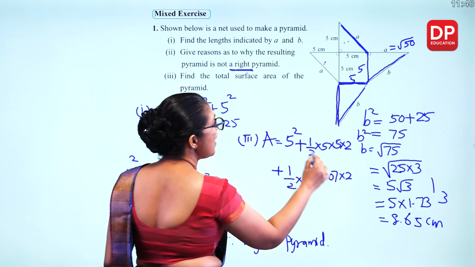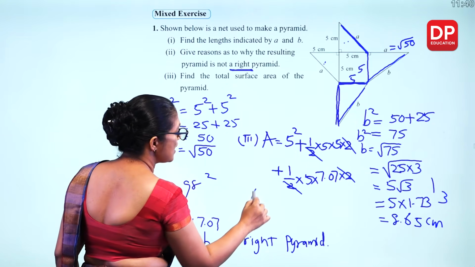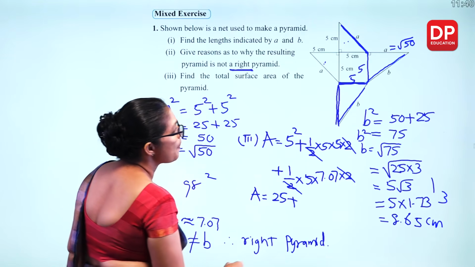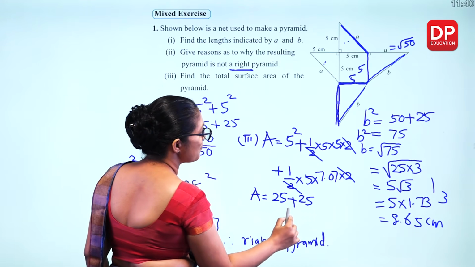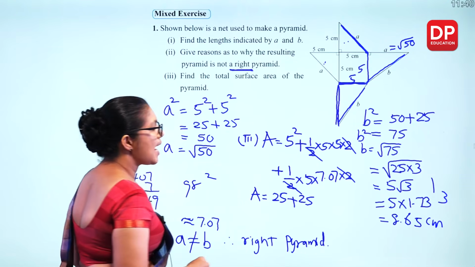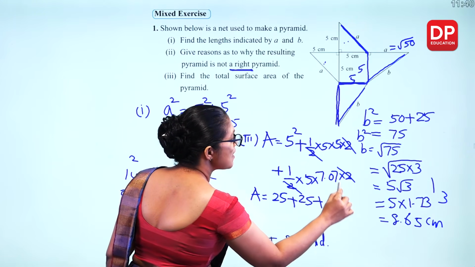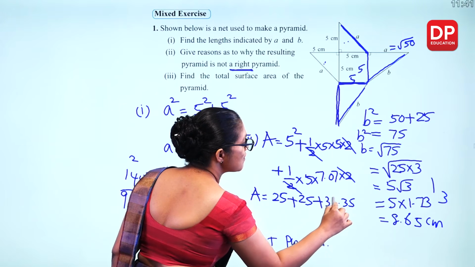Now try to simplify. These two get cancelled out, these two get cancelled out. So you get the area is 5 times 5, 25 plus then 5 times 5 again, 25. Here you are getting 5 times 7.07. So multiply 5 times 7, 35 and 5 times 7, 35.